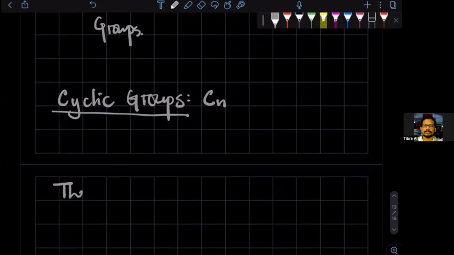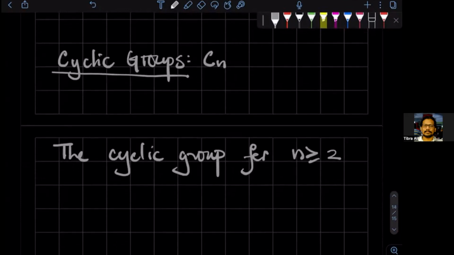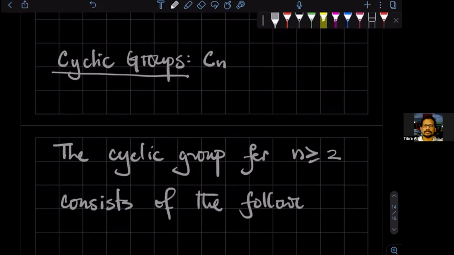So the cyclic group, for n greater than or equal to 2, consists of the following elements.